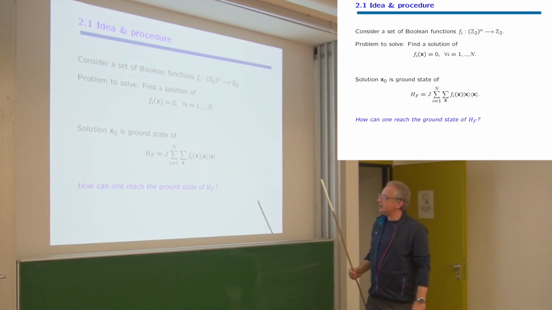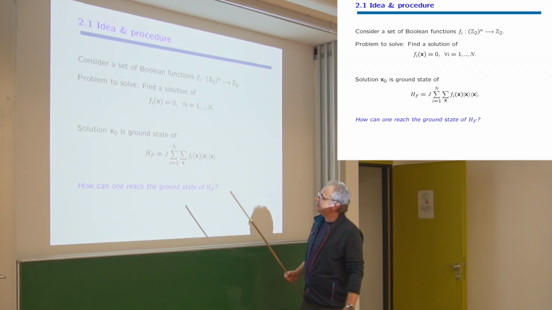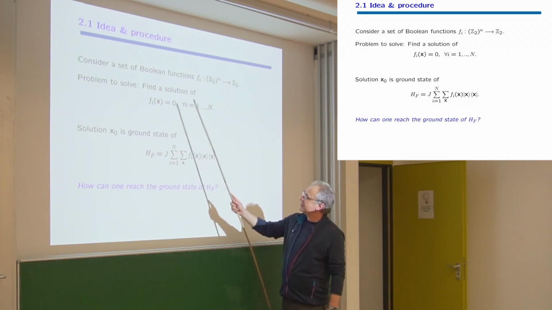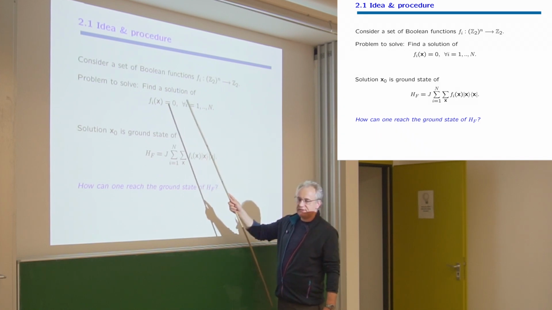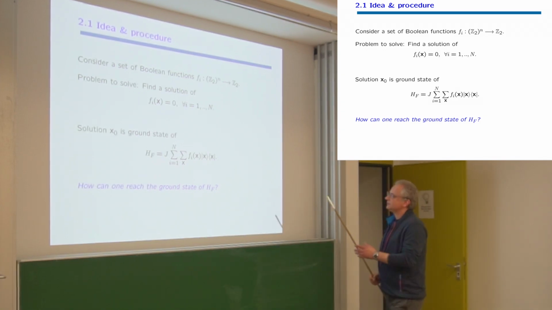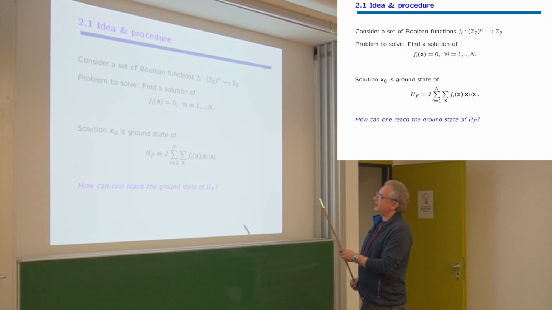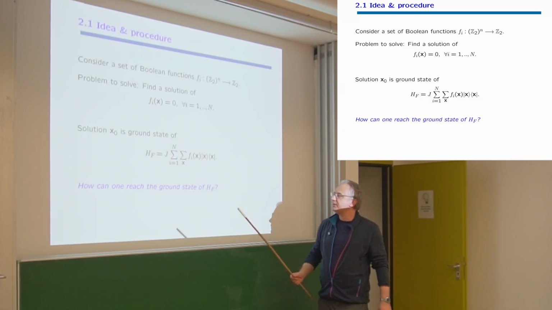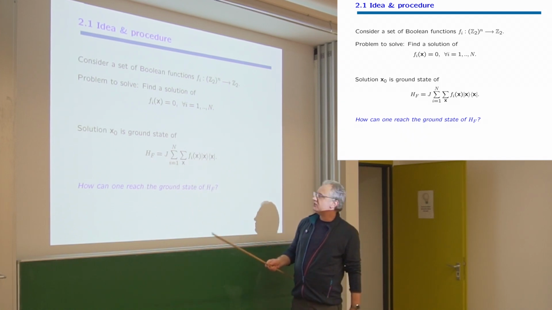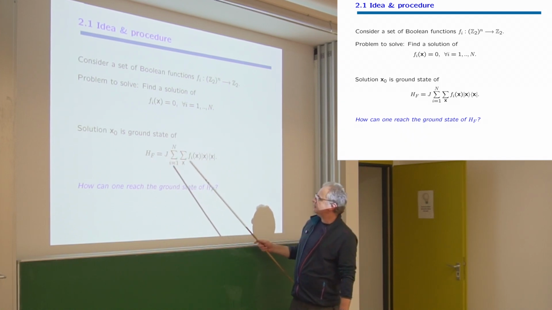Okay, and now here is the Hamiltonian of which the solution of the system of equations, if there is such a thing, is the ground state. Okay, so we have a double sum here. First, this is only numbers. A Hamiltonian has units of energy, so that's why we are putting the constant here in front.